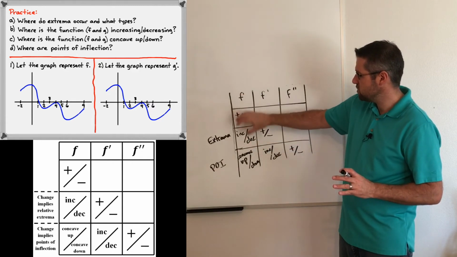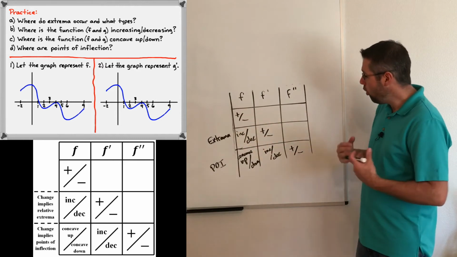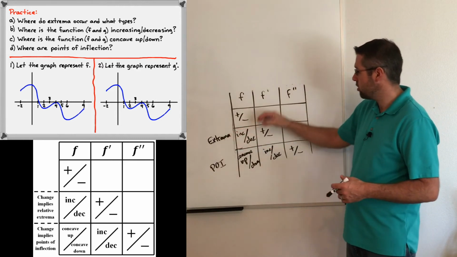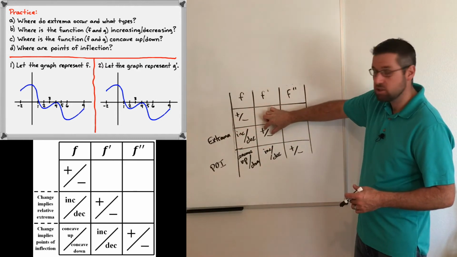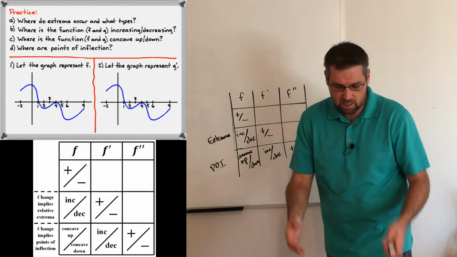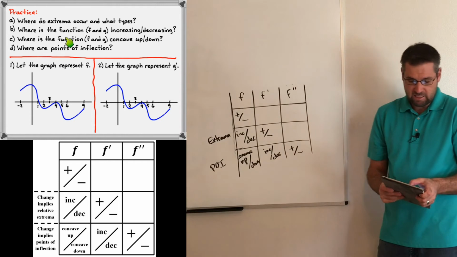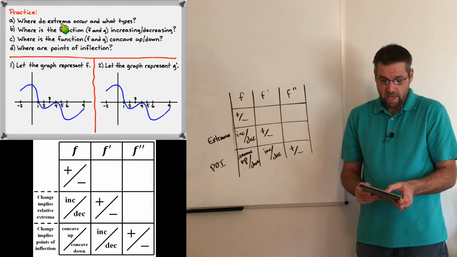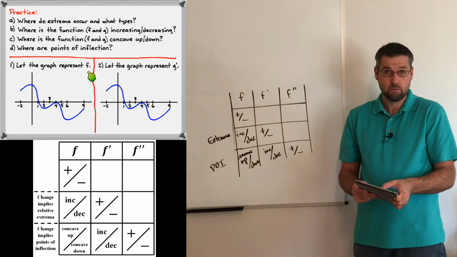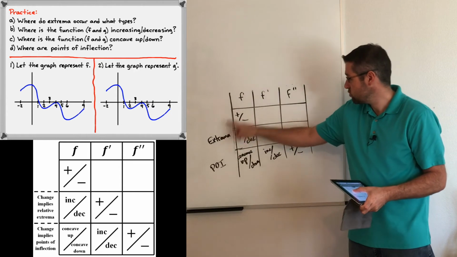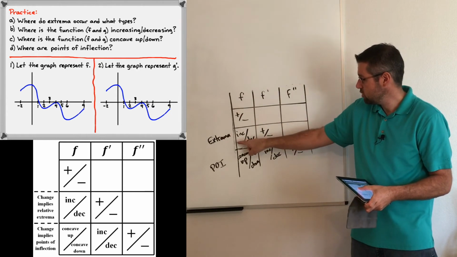In other words, when f is changing direction. Or you could say that extrema occur when f prime changes signs. Again, it depends what graph you're looking at. So f has extrema when f changes direction.